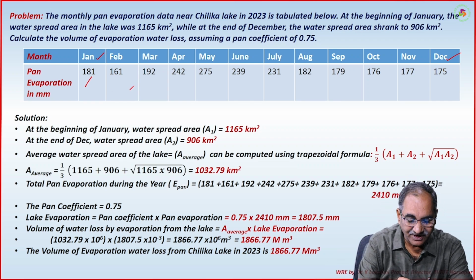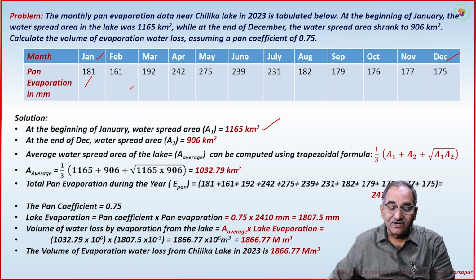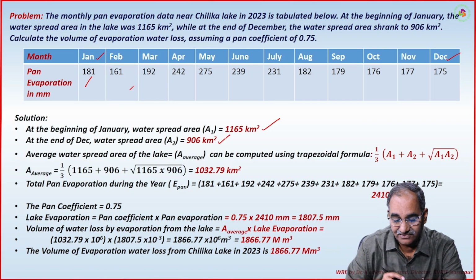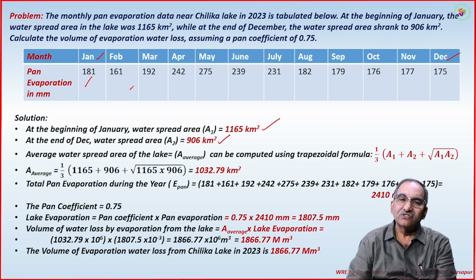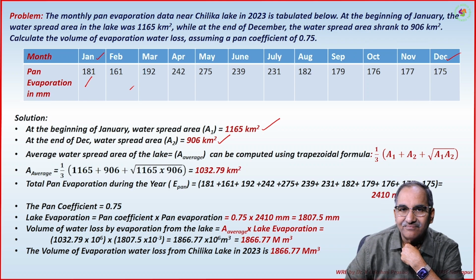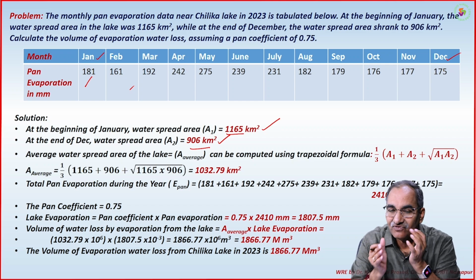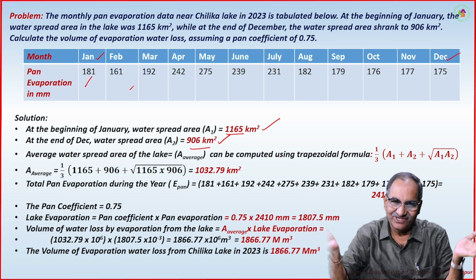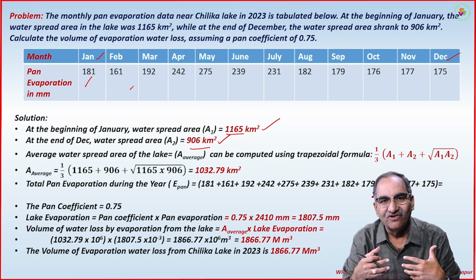Suppose at the beginning of January, the water spread area is 1,165 kilometers square. At the end of December, it is 906 kilometers square. So what is the average water spread area? For a lake, which is of almost irregular cross section, if I want to calculate the average, I need to follow some guideline.